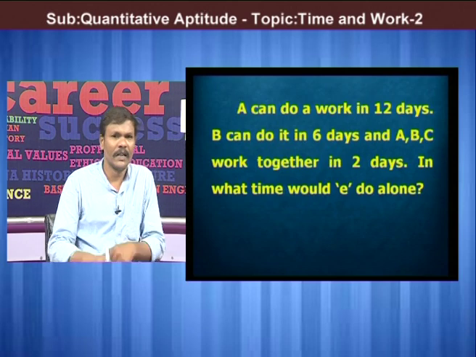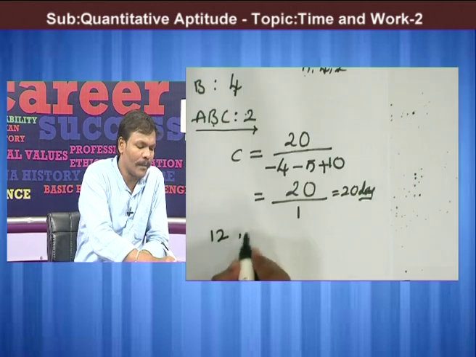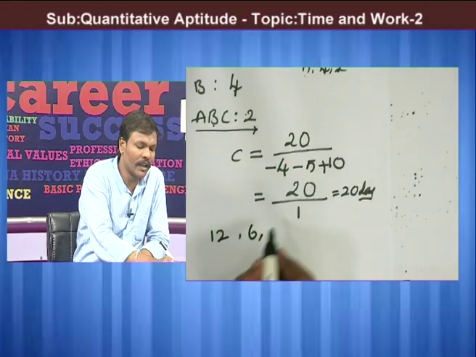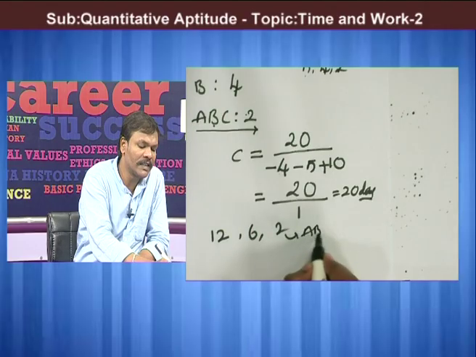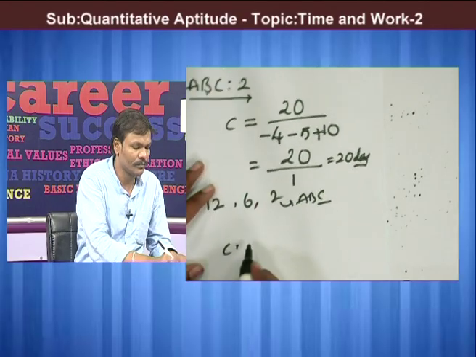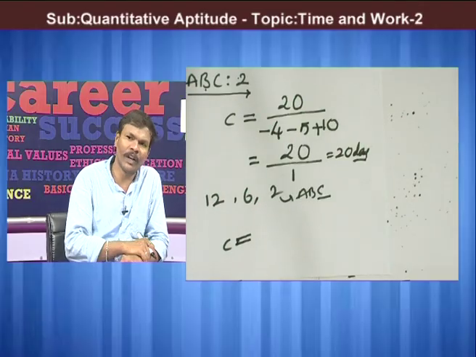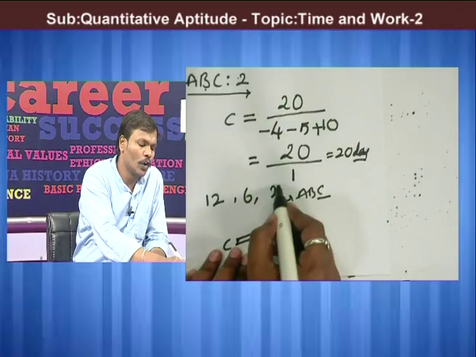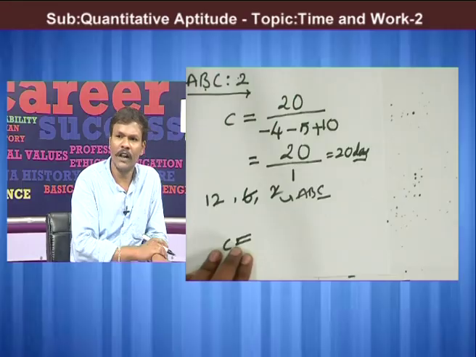See this, A is 12, we have B is 6, we have ABC is 2. So, this value is for A, B, C, and from that we need C only. When we have the 3 values, we take the LCM. The LCM of 2, 6, 12: 2 3s are 6, so no need to calculate the 2. 6 2s are 12, no need to calculate the 6 also.